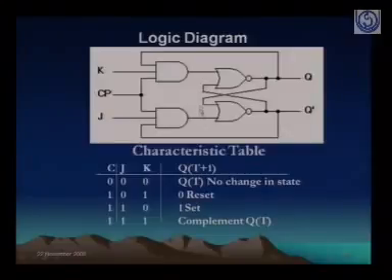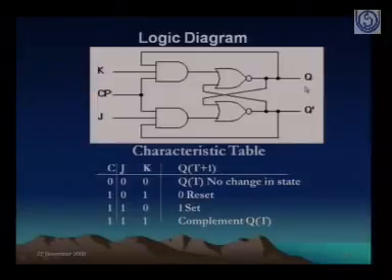So this is the situation that is going to reset your flip-flop. That means Q has moved from 1 to 0. Isn't it a complement state? Exactly, that's what we want to say.